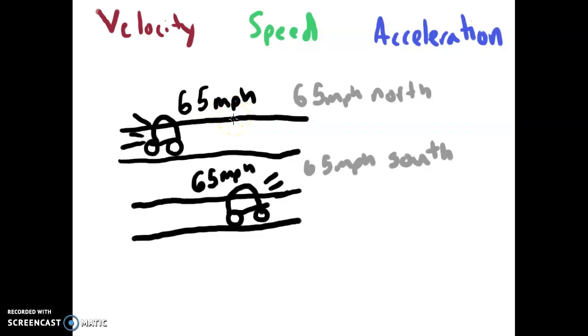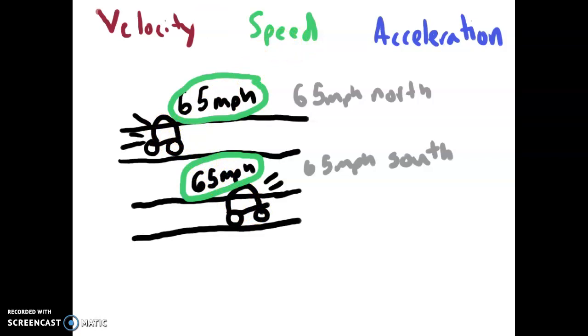In this example, our 65 miles per hour, and I'll circle that, this person's answer represented the speed. Okay, so speed is just how fast you're going with no direction included, just 65 miles per hour. Both of these cars, even though they're going in different directions, have the same speed.